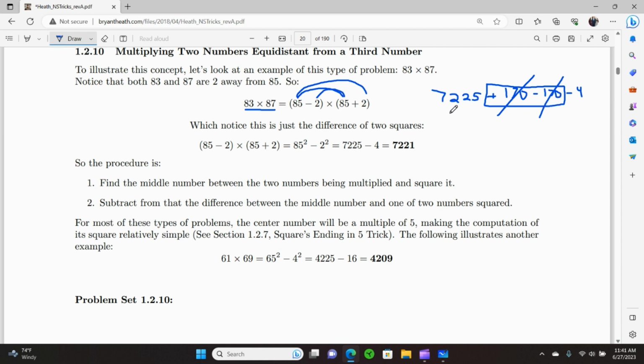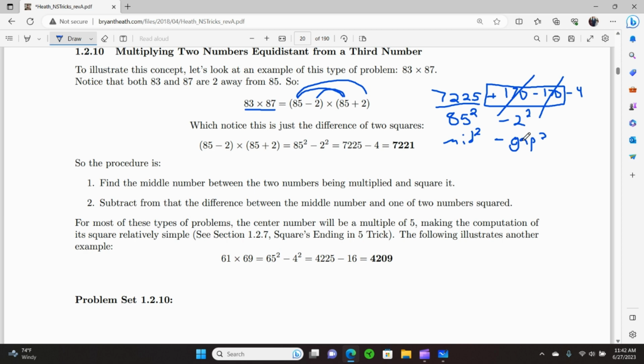So what does that mean? Well, 7225 was the result of 85 squared. Negative 4 was the result of 2 squared, but we're subtracting it. If you can recognize equidistance on a test, it is extremely helpful. But let me show you what I mean when we put this into practice.